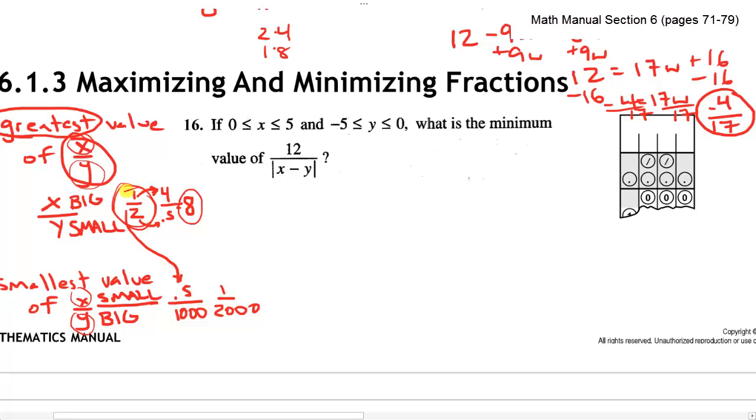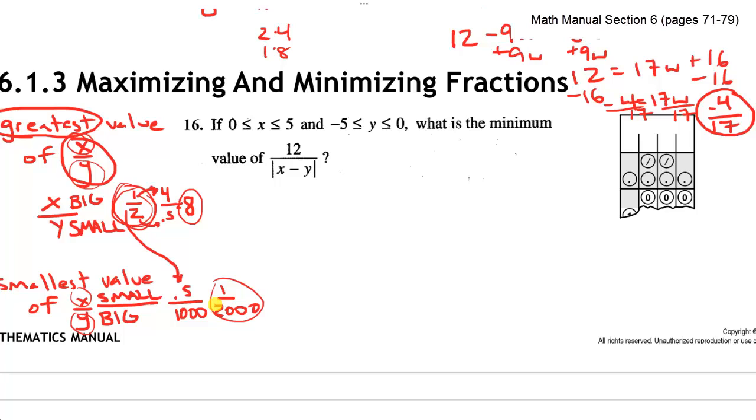So I went from 1/2 to 1 over 2,000. I drove down the value of that fraction pretty darn far. So again, if you're maximizing and minimizing fractions, that's what you need to think about doing, manipulating your numerator and denominator in order to get the greatest or smallest value of the fraction.